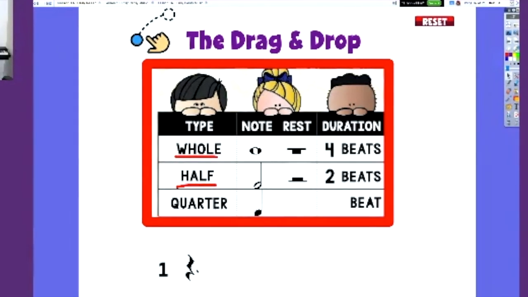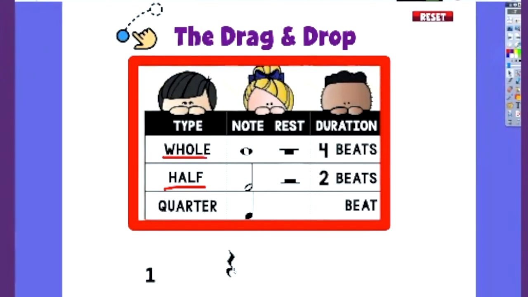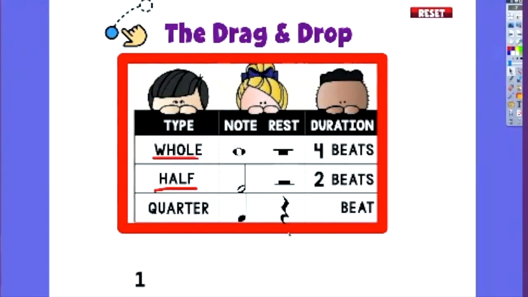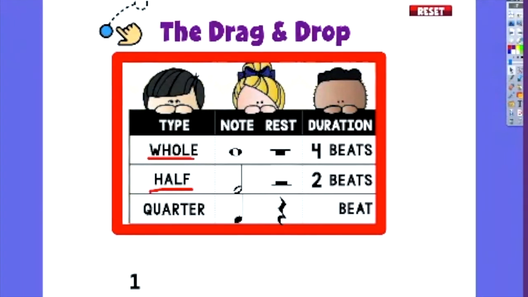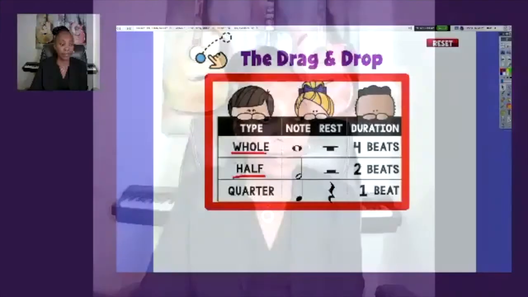Kind of looks like a sideways mustache or a little bird. And how many beats does a quarter note and a quarter rest get? It gets 1 beat. Good work. All right, so that is a little overview of our quarter note and our quarter rest.